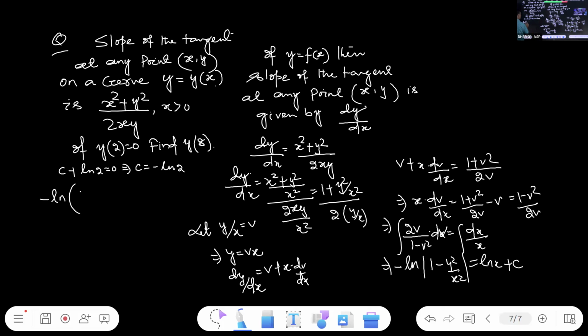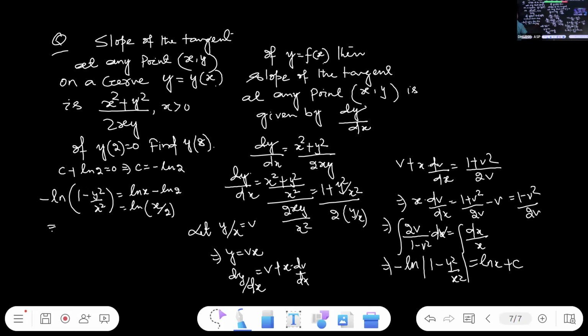So minus ln (1 minus y square upon x square) is equal to ln x minus ln 2, so ln (x by 2).